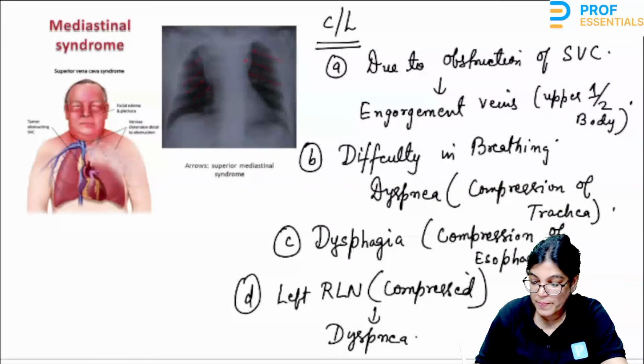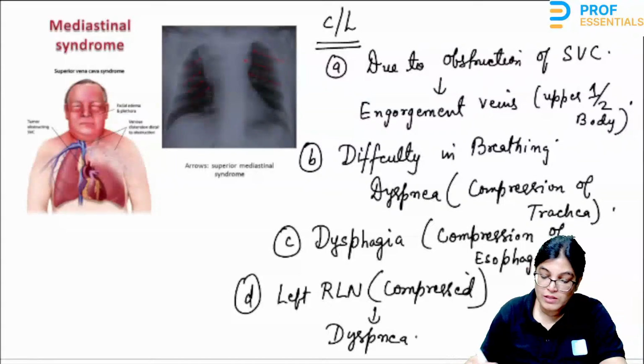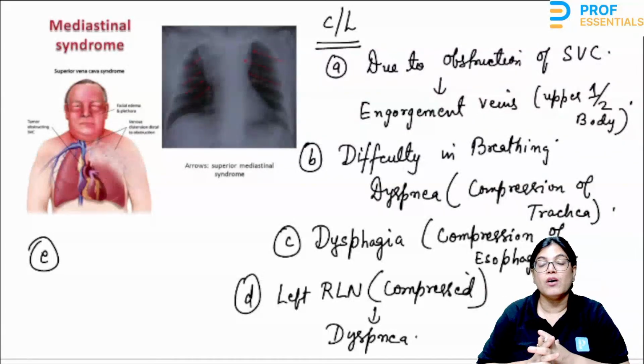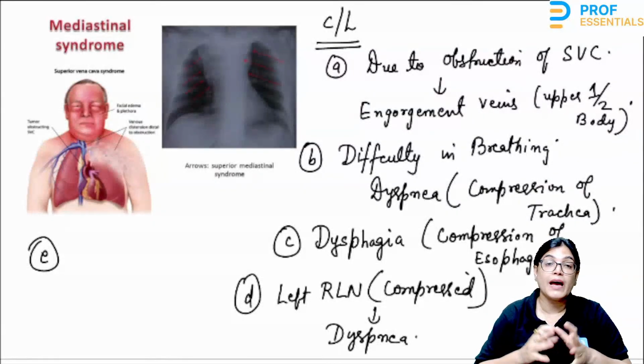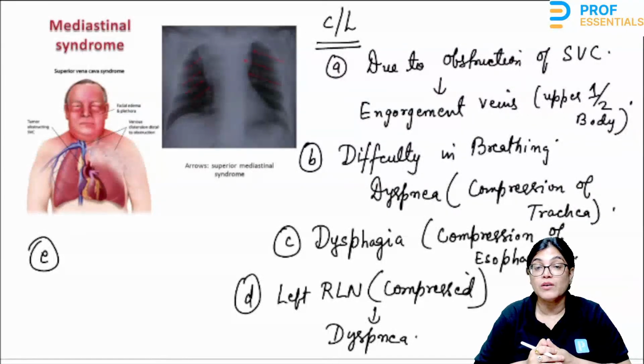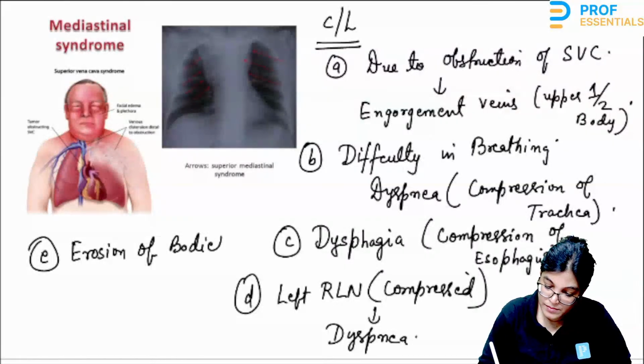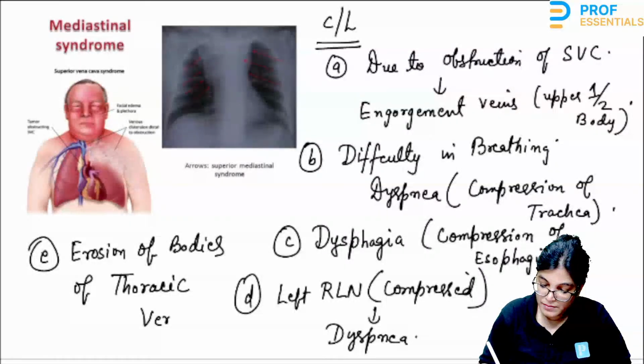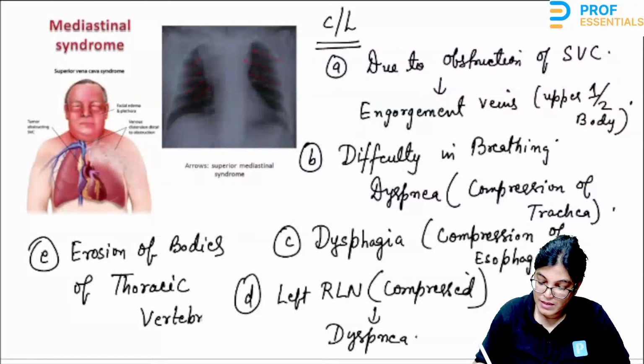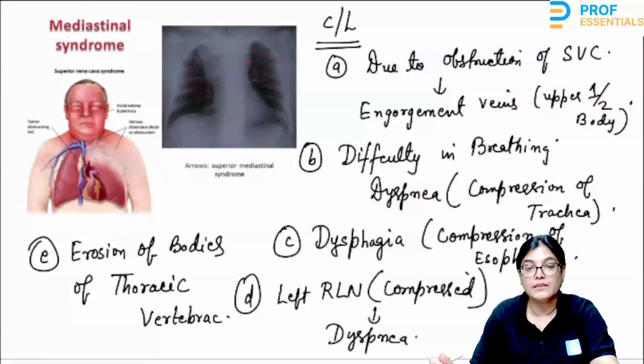Also, in a long-lasting case of enlargement and disruption of structures lying in the mediastinum, there can be erosion of the bodies of the thoracic vertebrae. These are the important features seen in mediastinal syndrome.